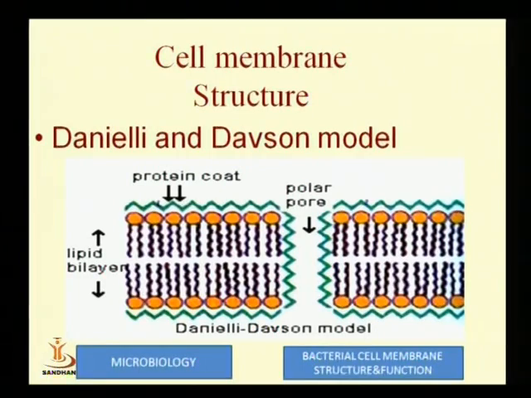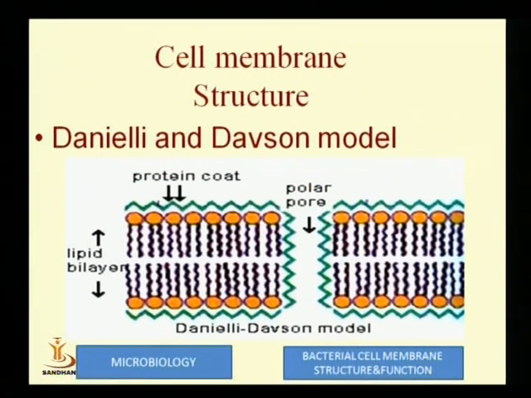So a major component of a cell membrane structure is polar lipids and protein, but not only these components; some amount of carbohydrate is also present in a cell membrane as glycoprotein and glycolipid. Now the proportion of lipid and protein will vary with the type of cell membrane and structure.